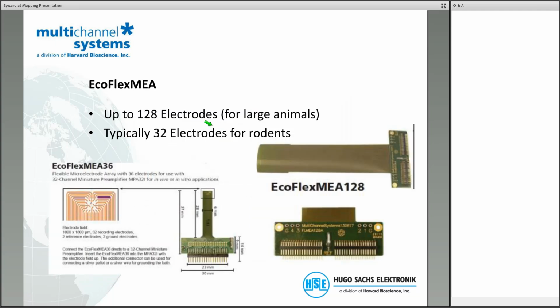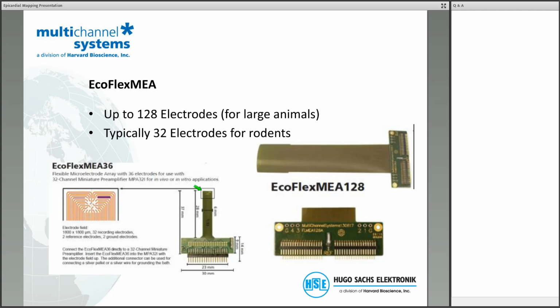What we're using for the heart is a different material and a different design. Our workhorse for this experiment is the EcoFlex MEA 36. 36 is the number of electrodes, so it's 32 recording electrodes plus analog, digital, and reference channels.